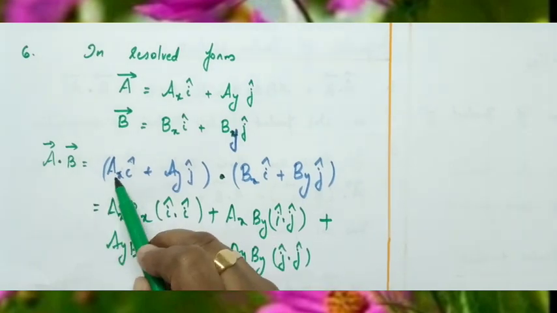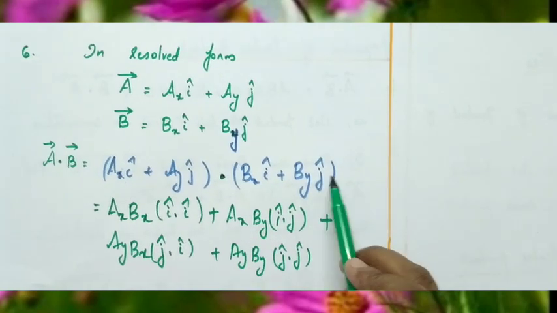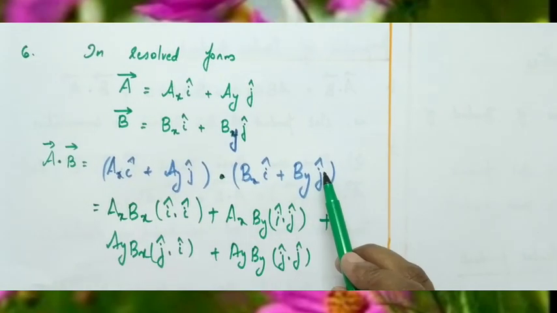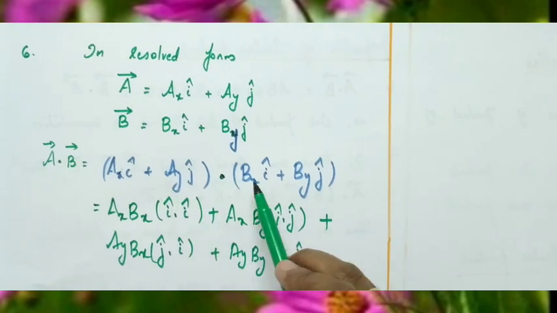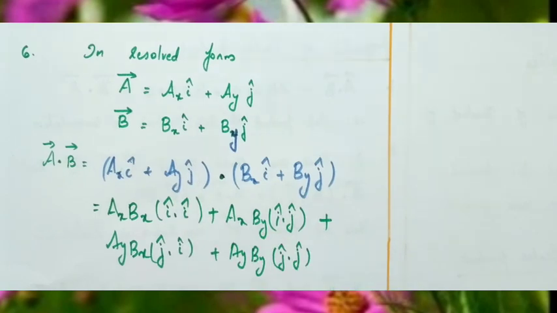Okay children, so Ax Bx into i dot i plus Ax By into i dot j plus Ay Bx into j dot i plus Ay By into j dot j.